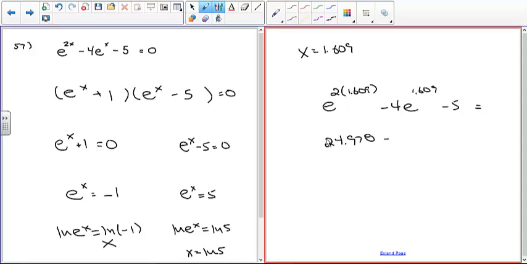Then I've got negative 4 times e to the 1.609, which is minus 19.992, minus 5. It should equal 0, or close to it. It's not going to equal 0 exactly, because my answer is only to 5 decimal points, but I get negative 0.014, which is approximately equal to 0.